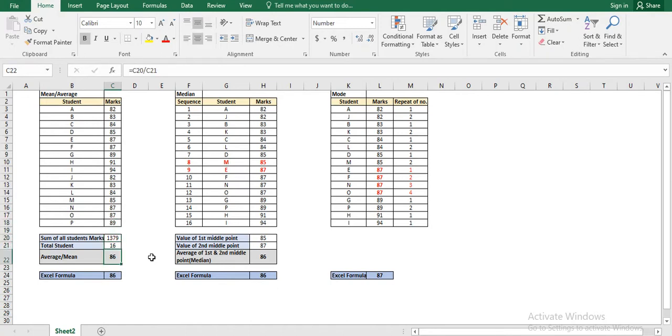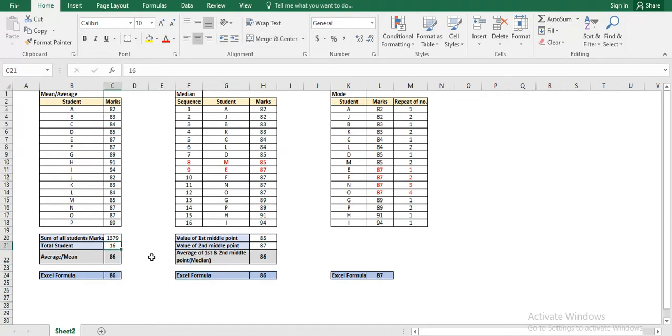So I got my mean for this data set. If I want to calculate it directly by formula, I use average, like I did here. In both methods, I got the same value, 86.